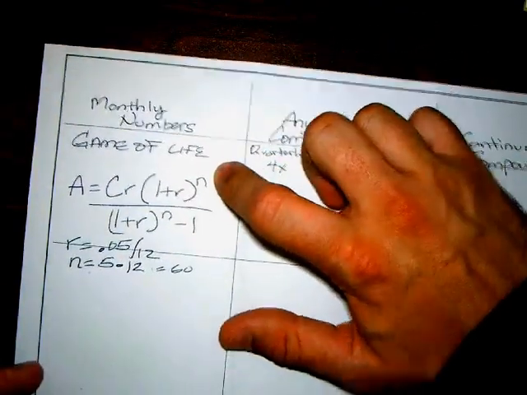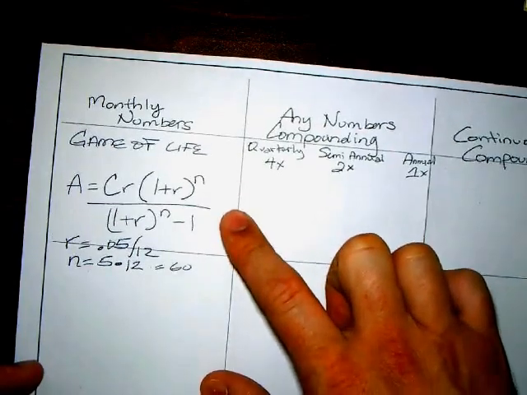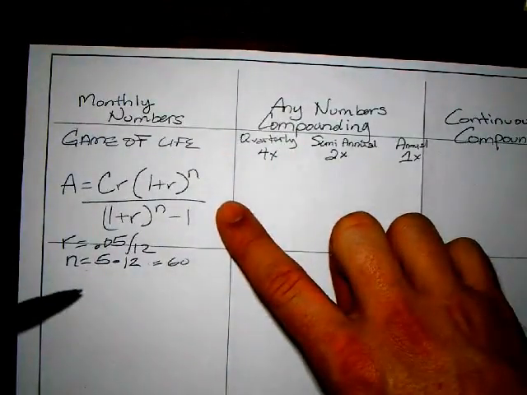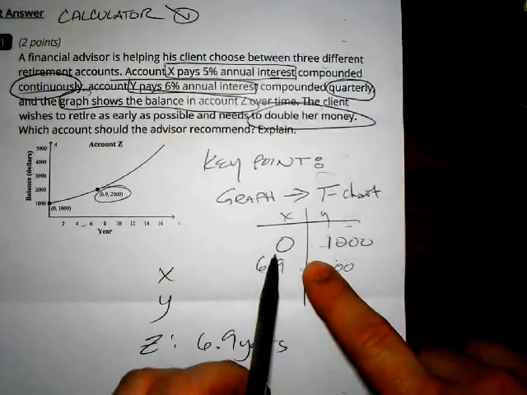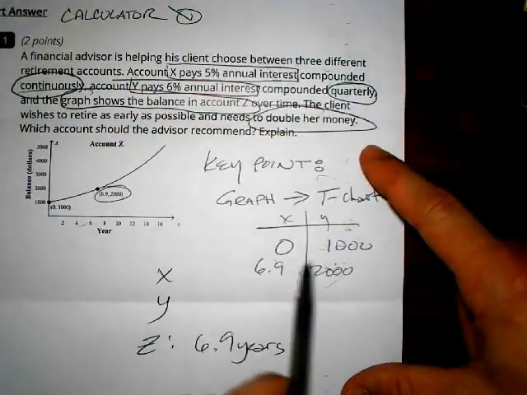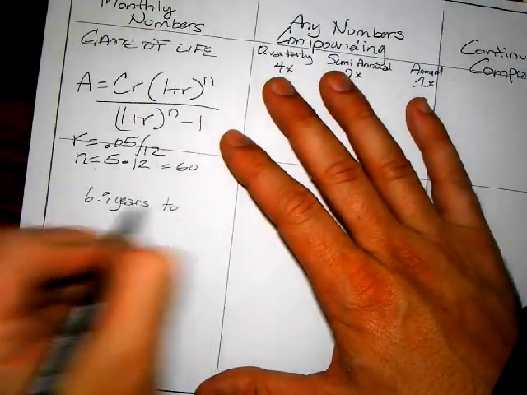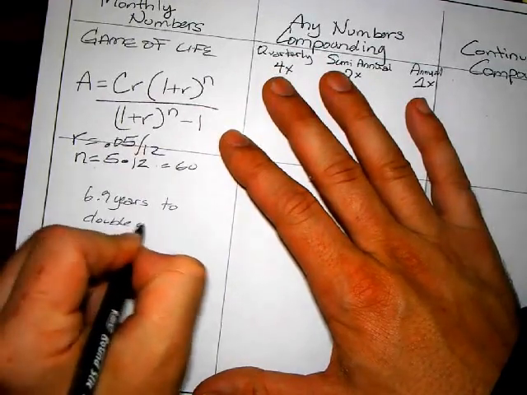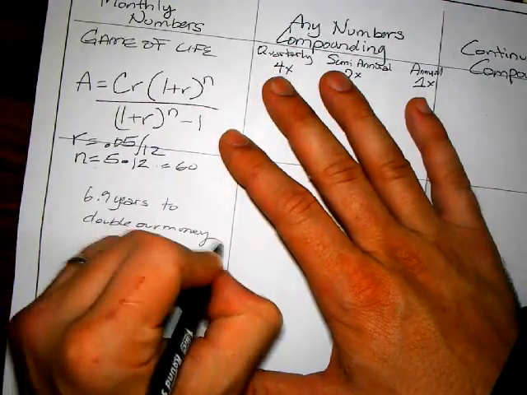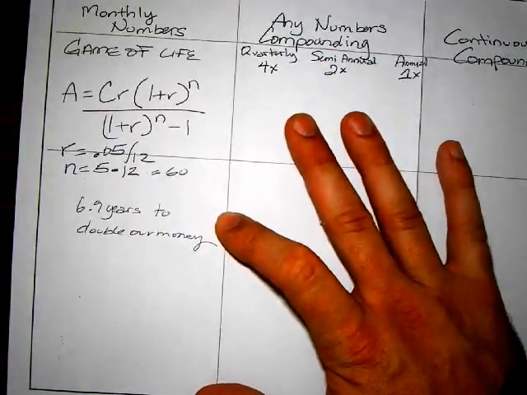Okay? This is where we just came from. And again, they told us on our graph here, this is going to be our account Z. So it took 6.9 years to get to 2,000. It's almost going to take 7 years to double our money.